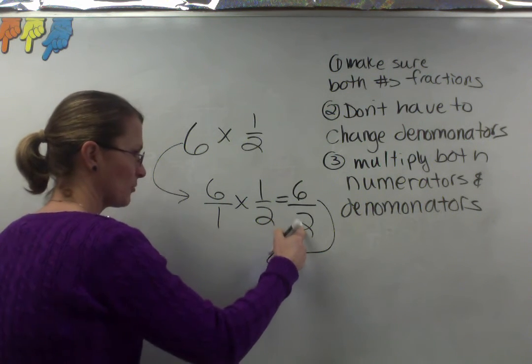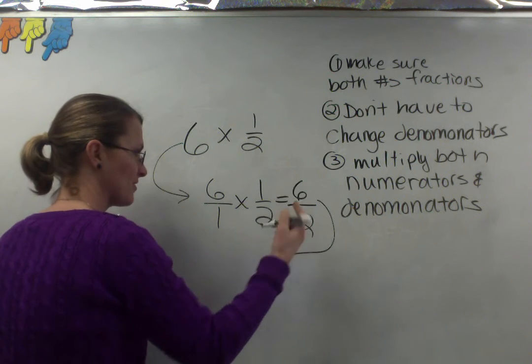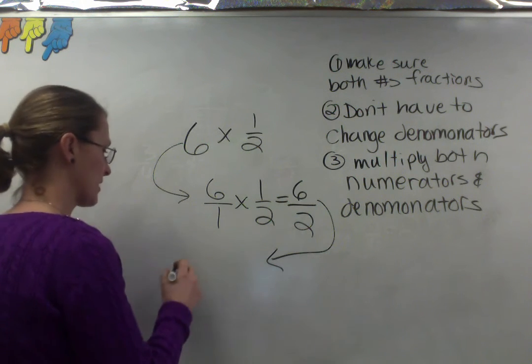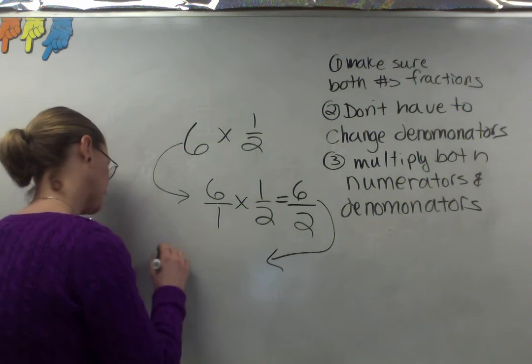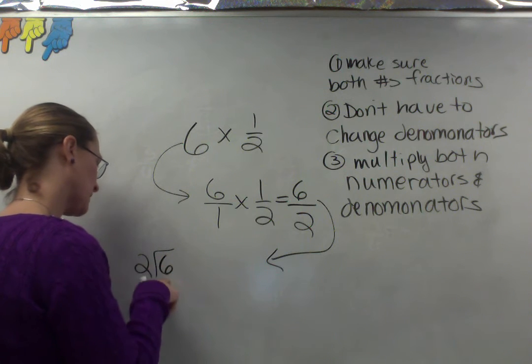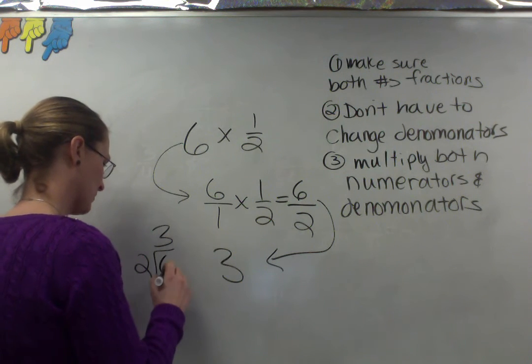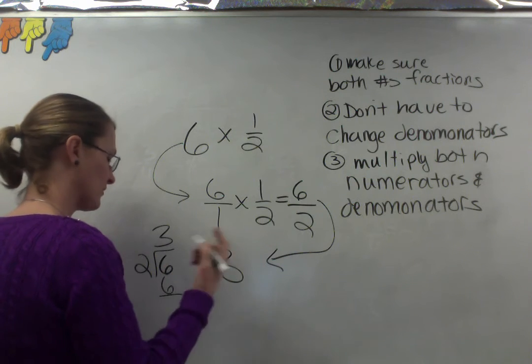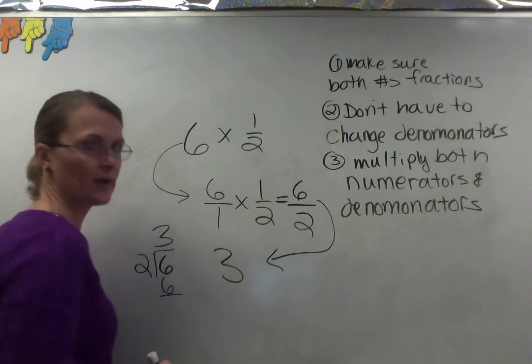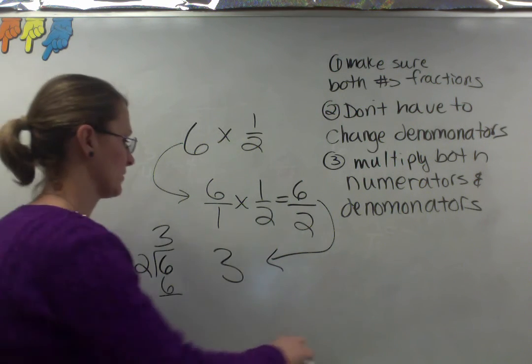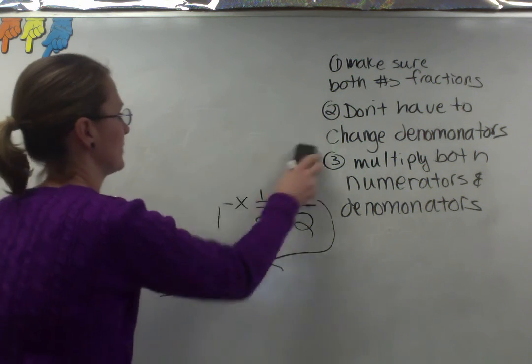Every group of 2 is going to make 1, so if I have 6 halves, how many groups of 2 can I make? Well, 6 divided by 2 is 3, so I can make 3 wholes. I have no leftovers, so it's just going to equal 3. That was easy, okay?